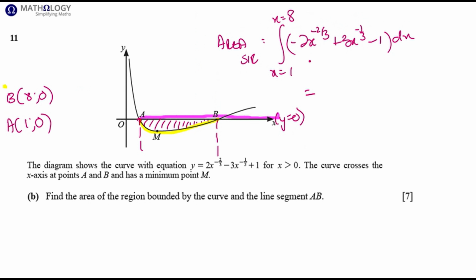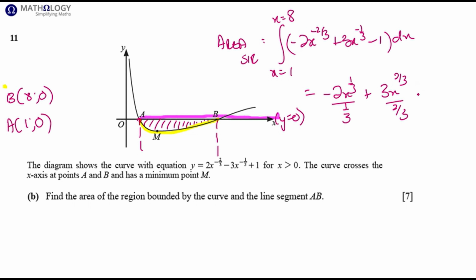That equals minus 2, which is a constant. The integral of x to the minus 2/3: we add 1 to minus 2/3, so it'll be x to the third, and we divide by a third. Plus 3 is a constant. x to the minus a third, so we add 1, we get 2/3, and we divide by 2/3.